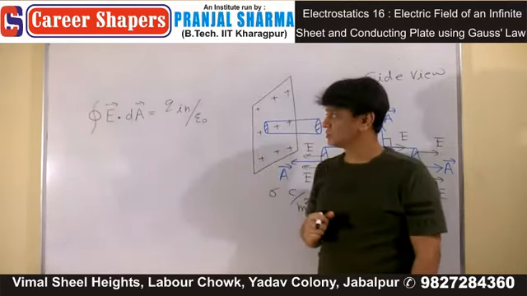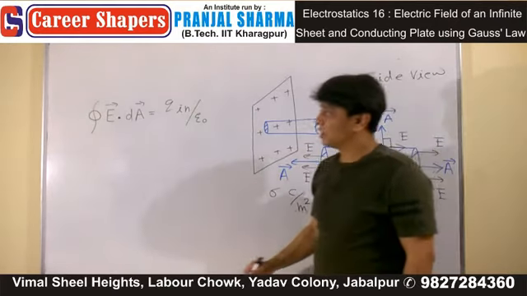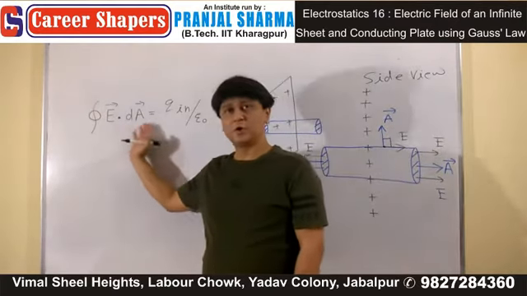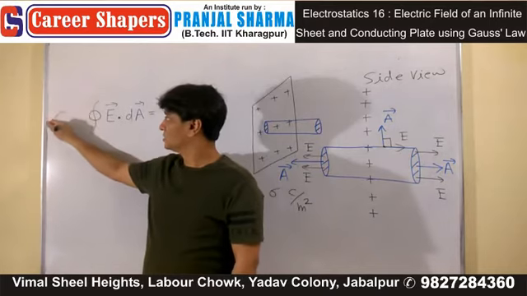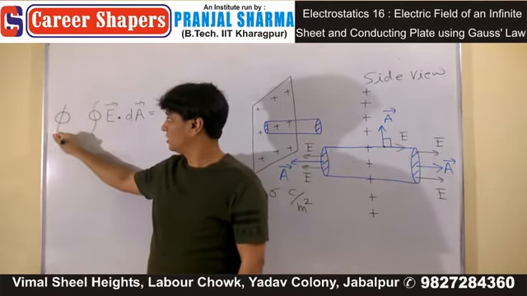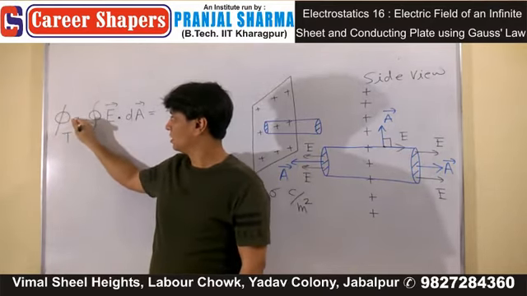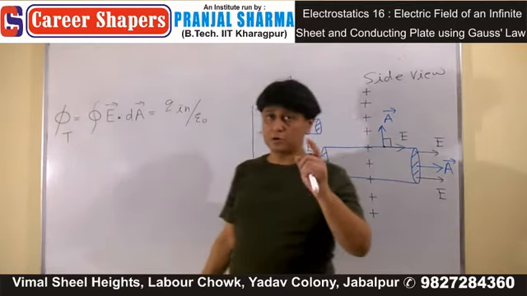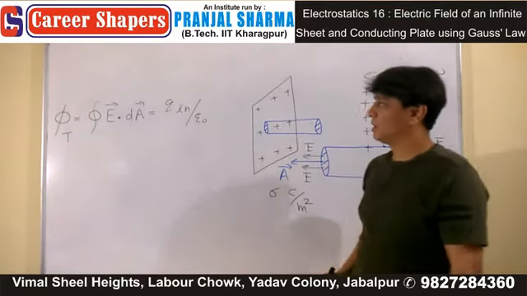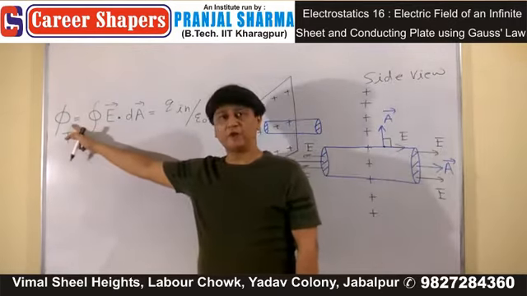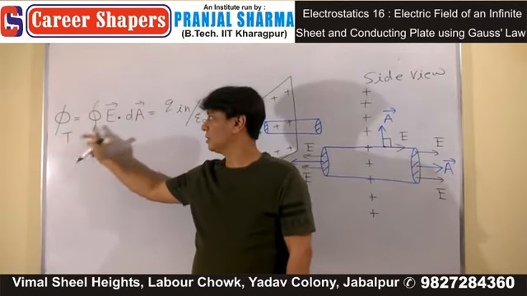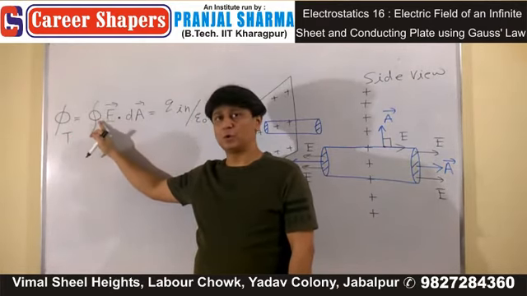That is from Gauss. This whole thing is your phi total, capital T for total, the electric flux total associated with the closed surface.